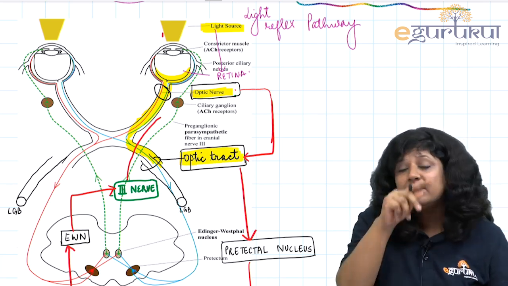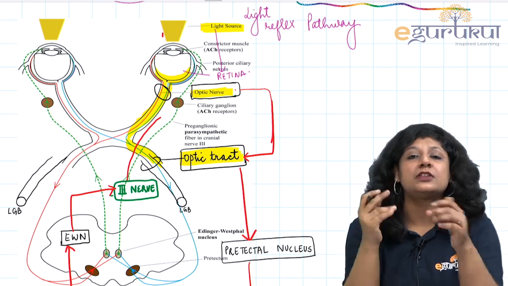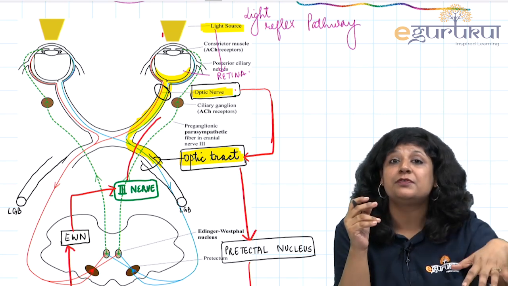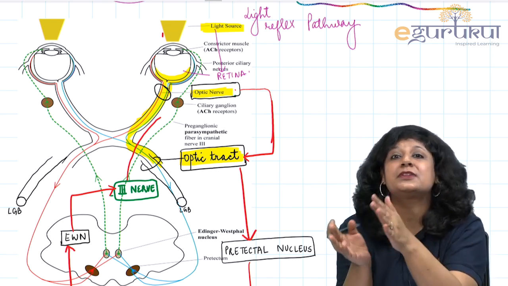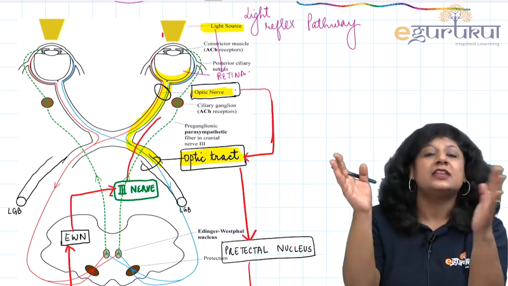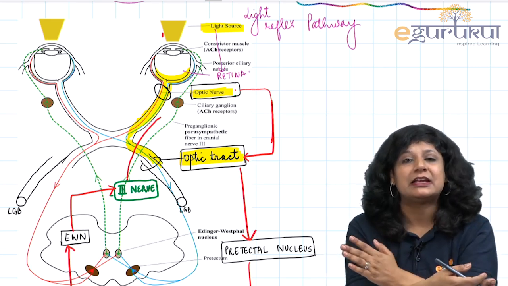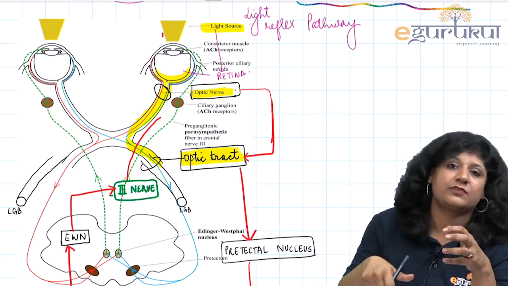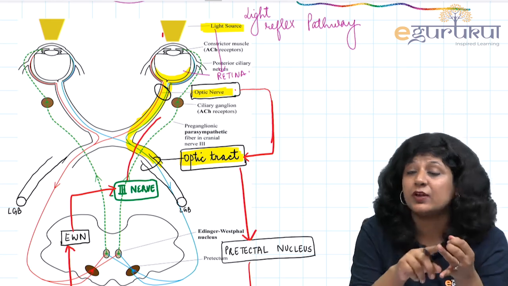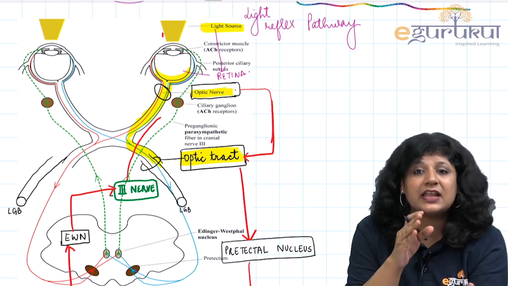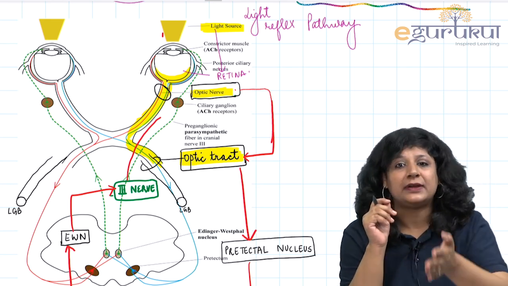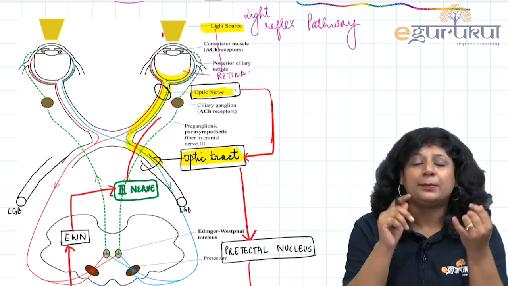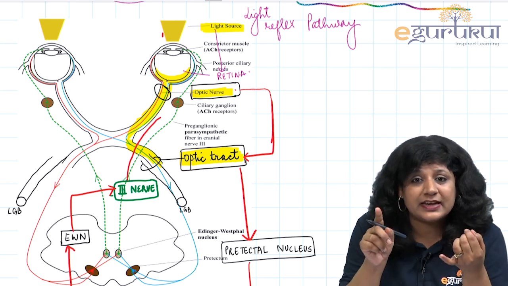Now here we have not mentioned the optic chiasma, because don't get confused between the visual fibers and the pupillary reflex pathway. It was the visual fibers which are decussating, but the pathway of the pupillary reflexes will go this way only. From the light it will go to the retina, from the retina it will be taken up by the optic nerve से optic tract. Now optic tract के बाद it should have gone to the lateral geniculate body.